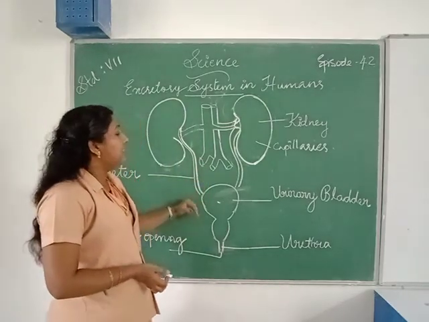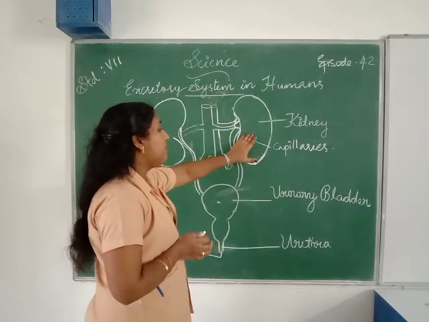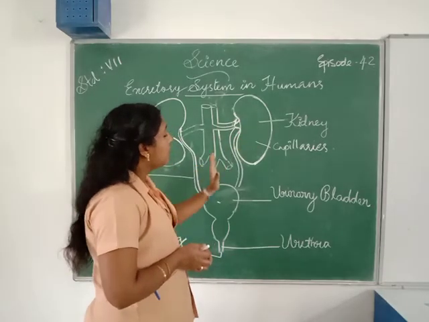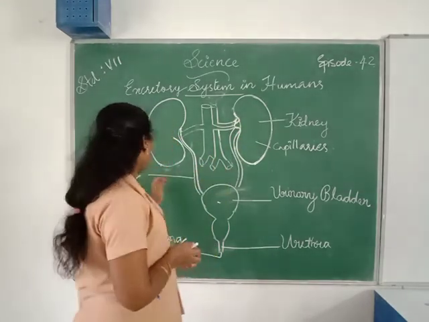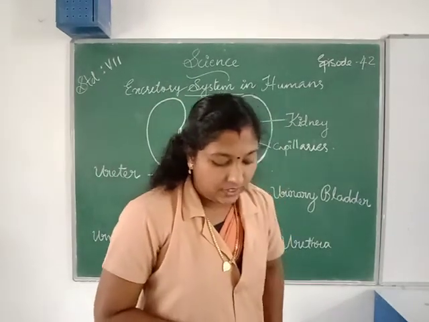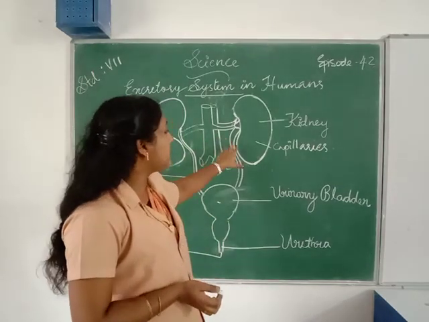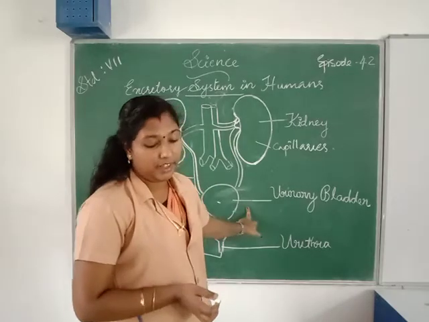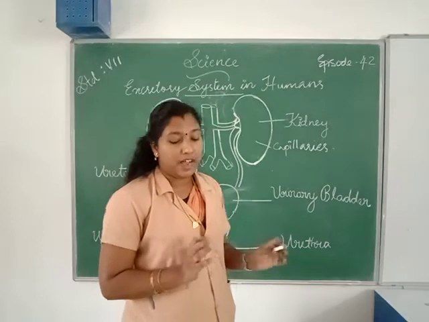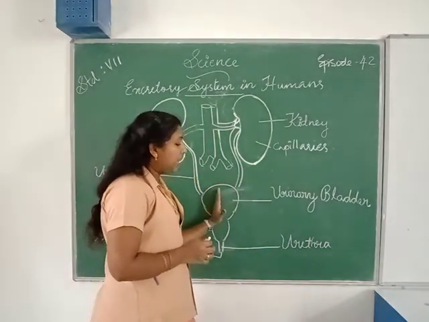The waste dissolved in water is transported from the kidney to the urinary bladder through the tube-like structure, the ureter. It is stored in the urinary bladder.